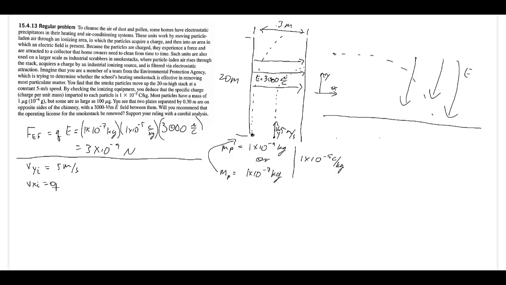And finally, if we know that our force is this, then our acceleration in the x direction is going to be the sum of the forces, which is just the electrostatic force, so that's 3 times 10 to the negative 9 newtons, over the mass of our particle, which is 1 times 10 to the negative 7, which means that this is going to be 3 times 10 to the negative 2 meters per second squared, right?